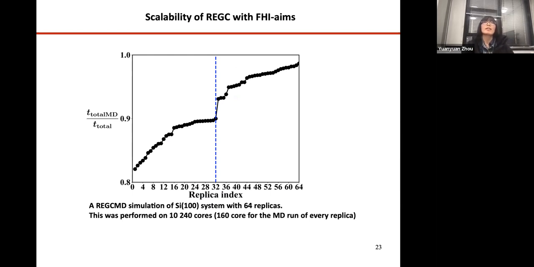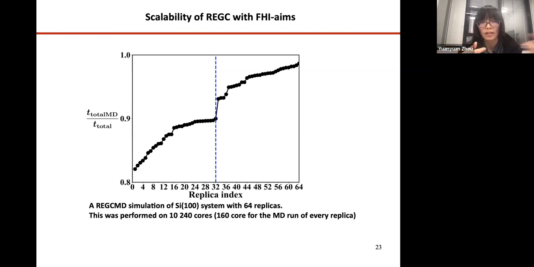Okay, for this slide, I will make a few comments about the performance of REGC. The method itself is embarrassingly parallel, but the inherently parallel nature of replica exchange is challenged when the time for ab initio molecular dynamics for different replicas varies a lot, because the system sizes of different replicas are different.